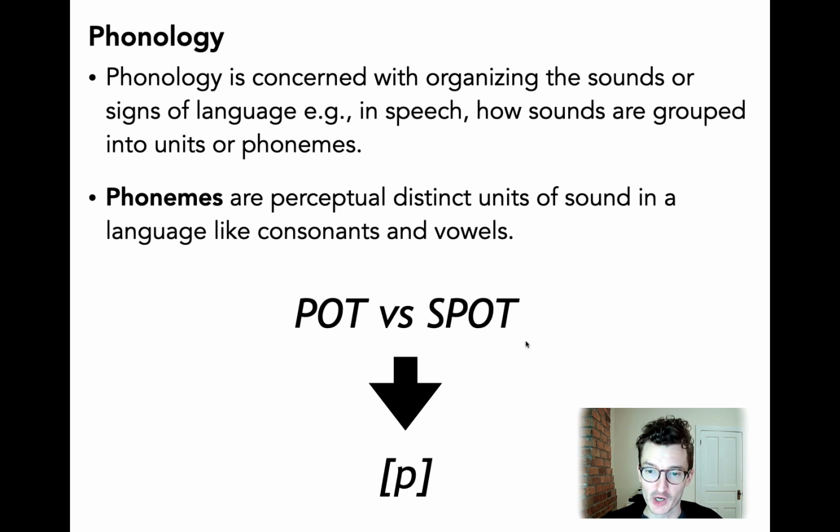Pot versus spot: the P sound in each of those words. Acoustically, the P sound in each of those words is distinct, but we say it's the same phoneme. So phonemes are sets of speech sounds that are perceived as equivalent to each other, even if they might differ in terms of their acoustics.